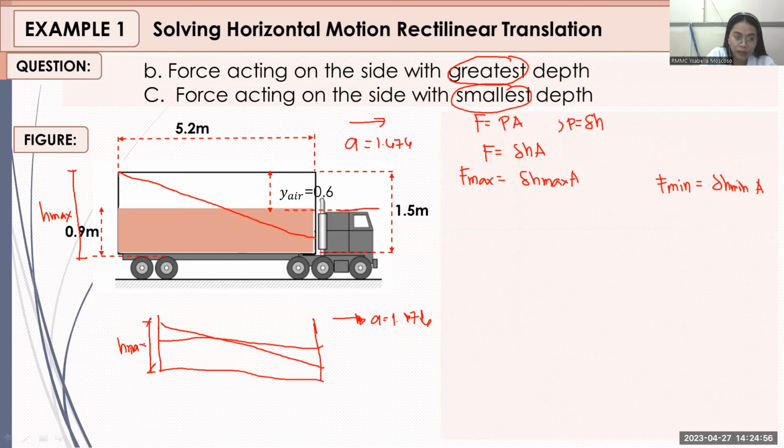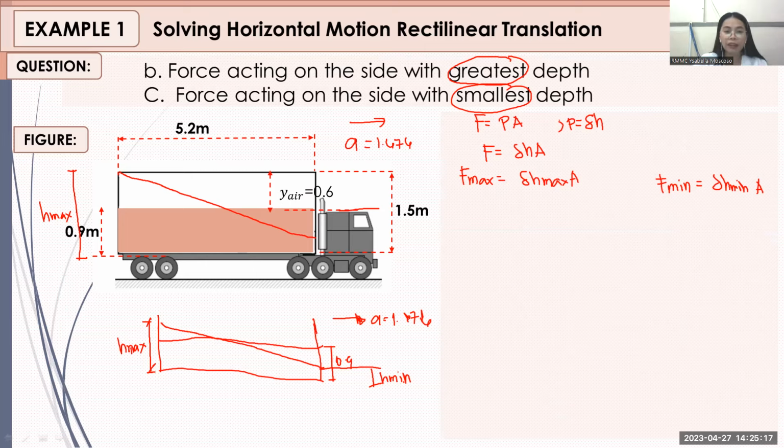That is your H max. Now, dito naman sa tubig natin, from original 0.9, nag-move nga yung tubig natin, ibig sabihin, nabawasan siya. Ito na yung H min natin, no? Pag gamitin niyo yung imagination ninyo kung ano nangyari dito sa tubig, no? Sana ay making sense sa inyo.